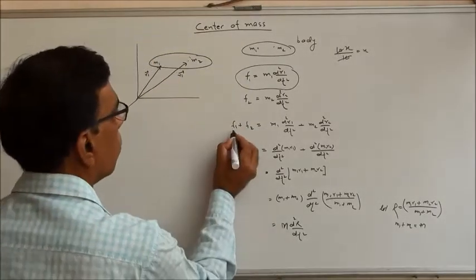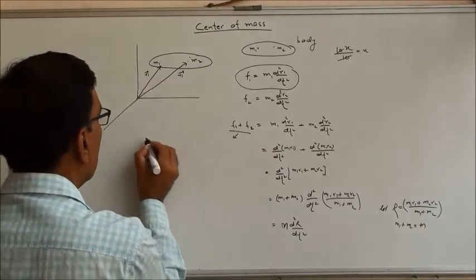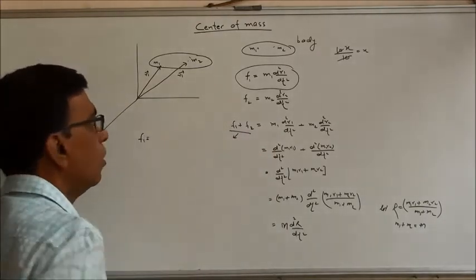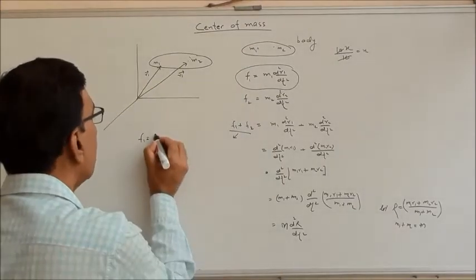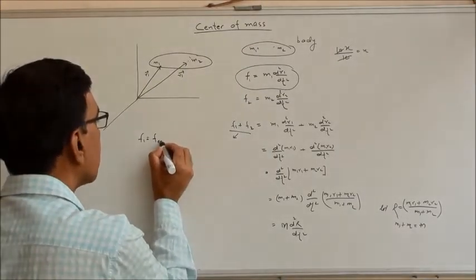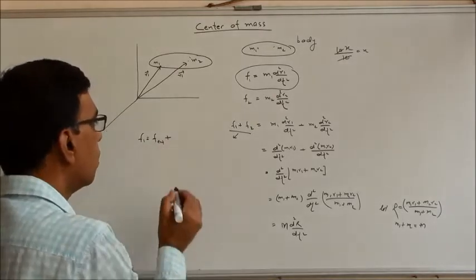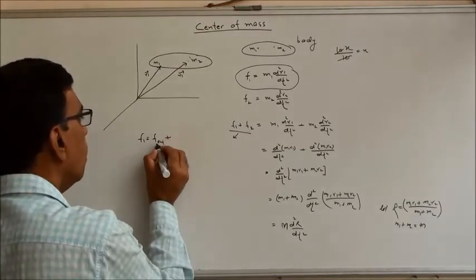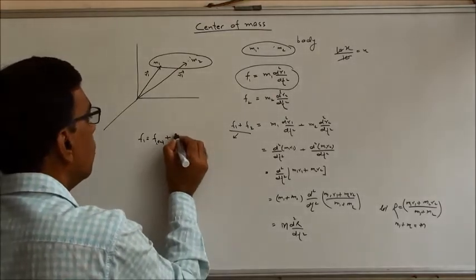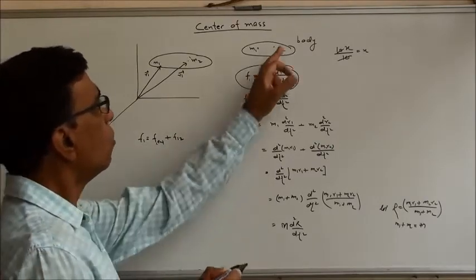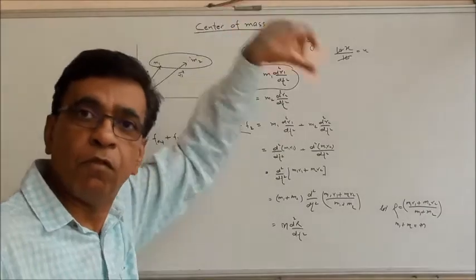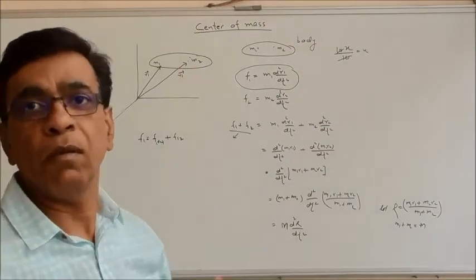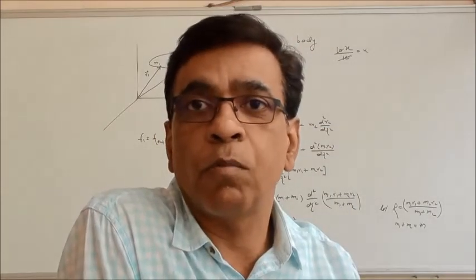Now let us work out this term. F1 is the force on the first particle. It can be made up of some external component F1 external plus force due to m2. If some force is acting on m1, how many types of forces are possible?